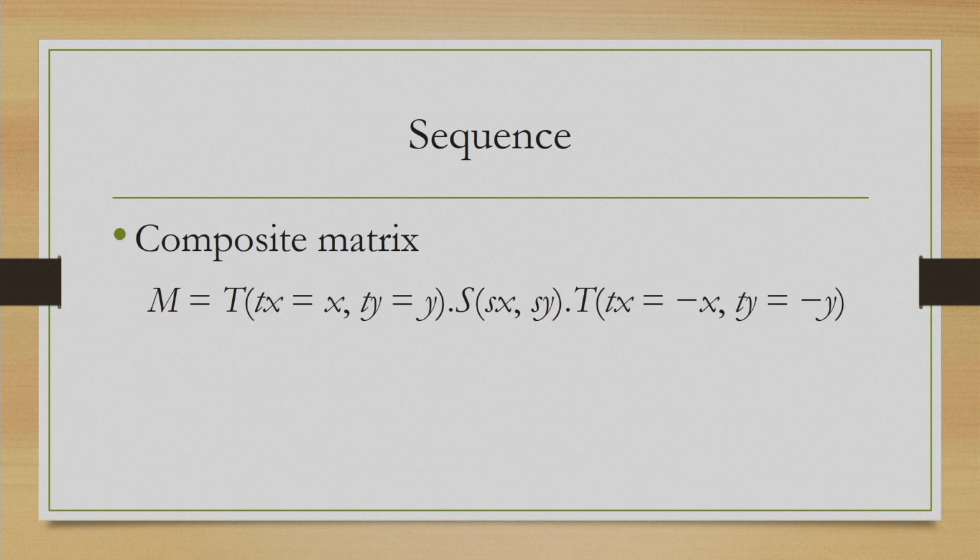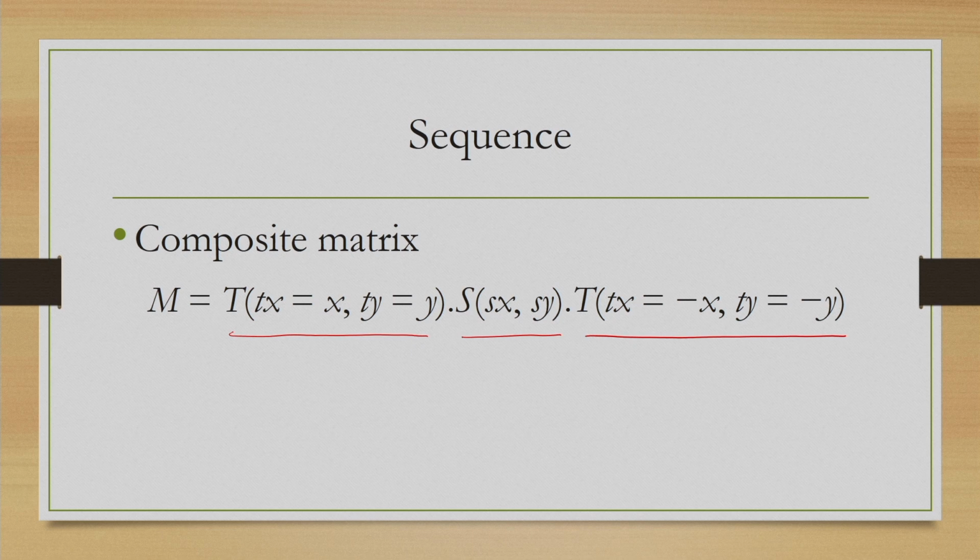So, how to form this sequence? We will follow the same right to left rule. The first translation is the rightmost transformation, that is bringing the fixed point to origin. This is followed by scaling, that is the second transformation. That is followed by reverse translation, that is bringing the point to the original point again, that is the leftmost transformation.